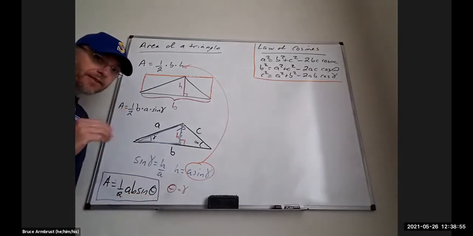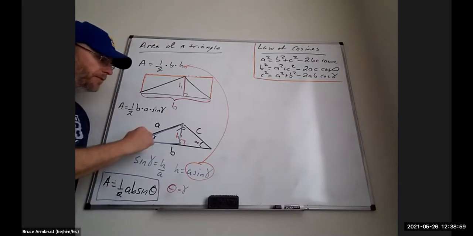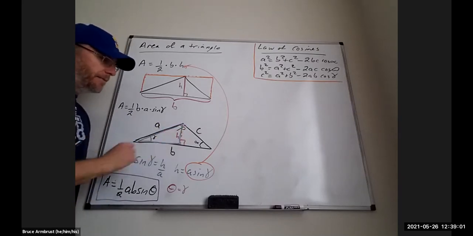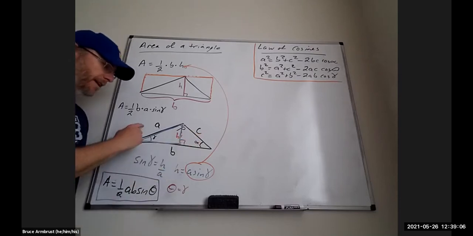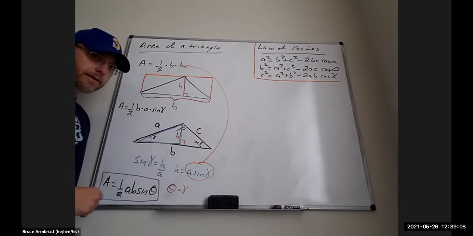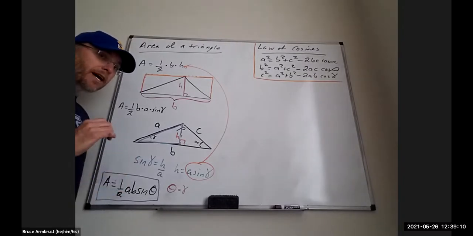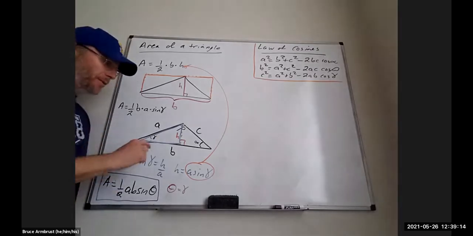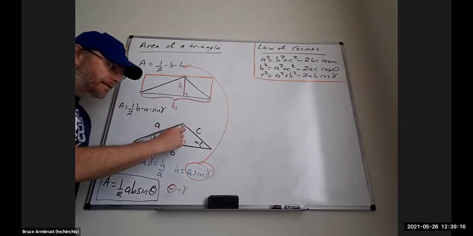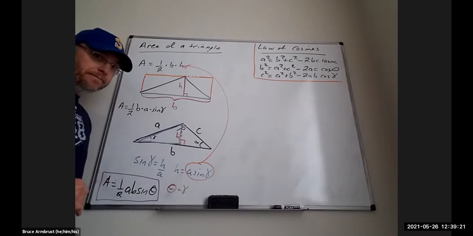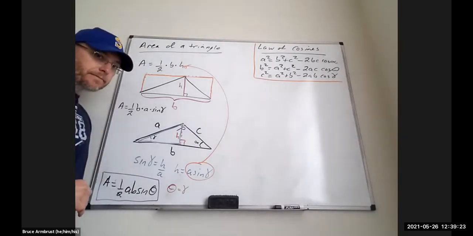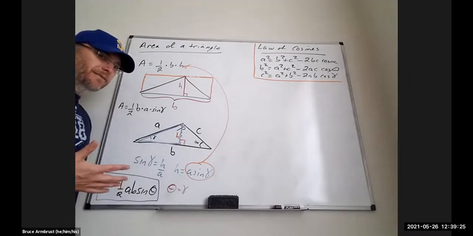Think of it this way: you need two sides and the angle in between them. So it'd be 1/2 AC sine beta, 1/2 BC sine alpha, 1/2 AB sine gamma. So my answer to your question is yes, it would be 1/2 AC sine beta if those were the sides and the angle that you knew. Did I answer your question or did I just confuse it?